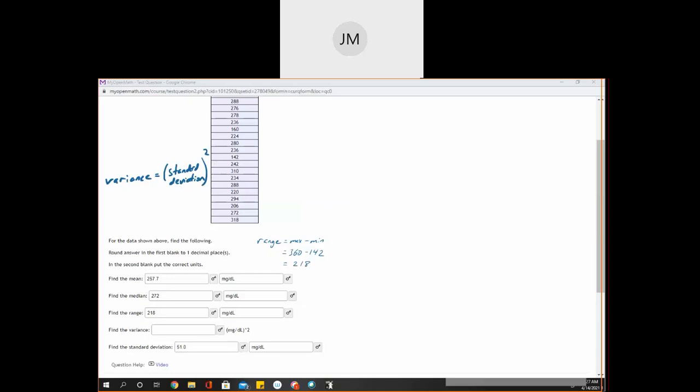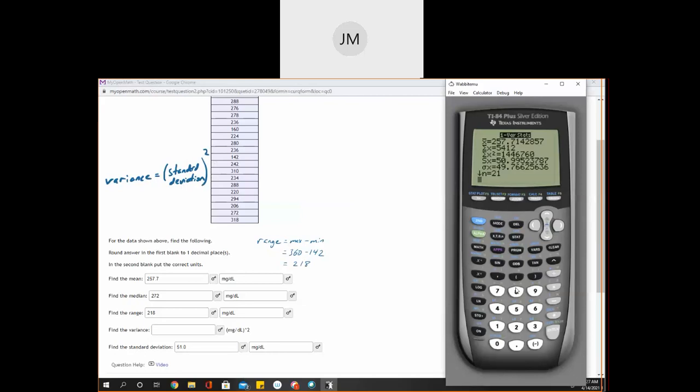So what I'm going to do to get my variance is on my calculator, I'm going to take the standard deviation and I'm going to square it. I'm going to use a couple extra decimal places just to make sure I don't run into any error. So I'm going to take 50.995 and square that.